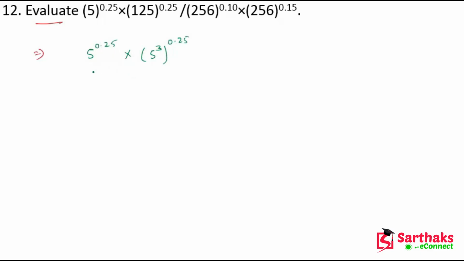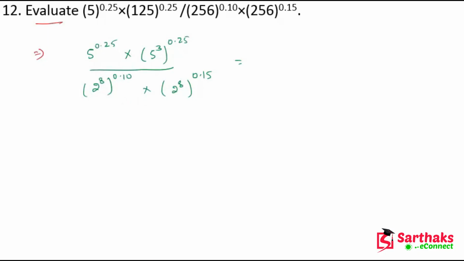And it is divided by, we can write 256 as 2 raised to power 8, and it has whole power 0.10. Multiply again, we can write 2 raised to power 8 whole power 0.15. I hope you get this point, my dear friends.